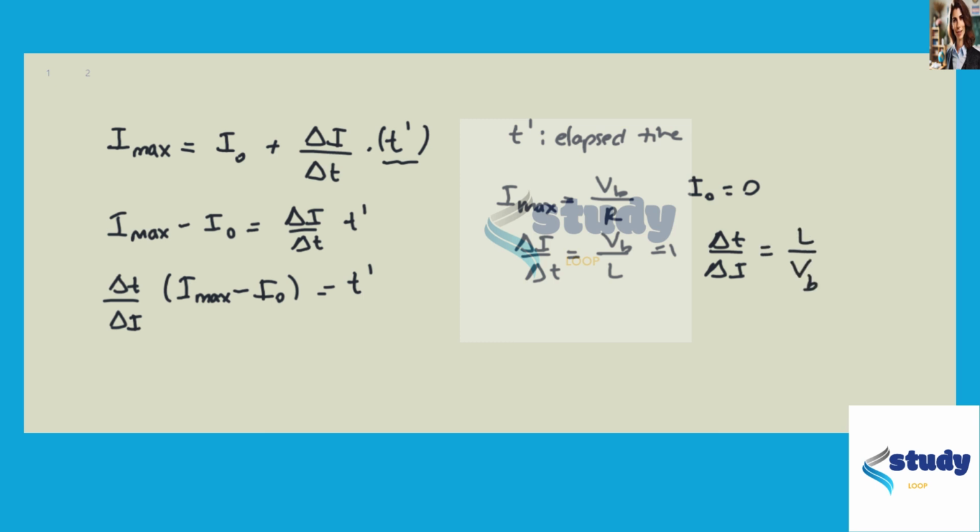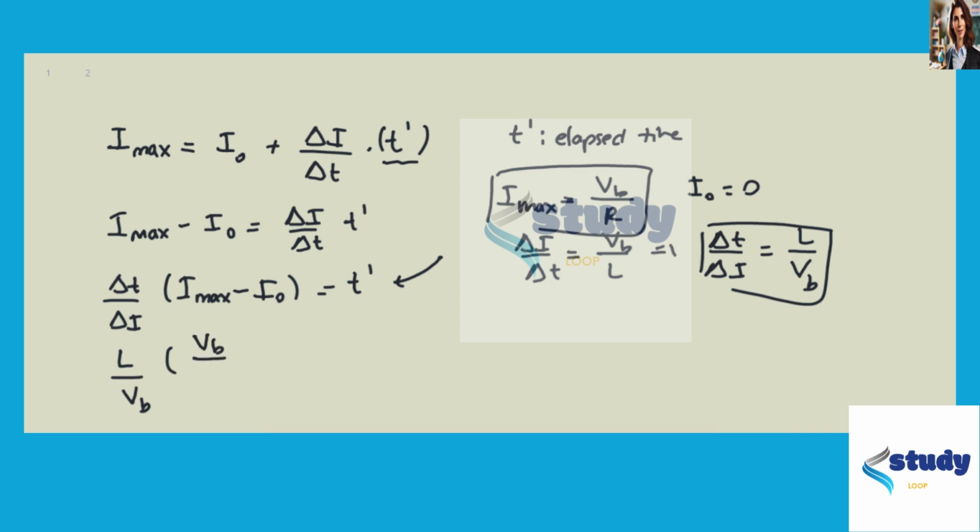So we just plug everything in: L over V sub B times I max, VB over R minus 0. Then L over VB times VB over R gives, for the elapsed time, the inductance divided by the resistance.